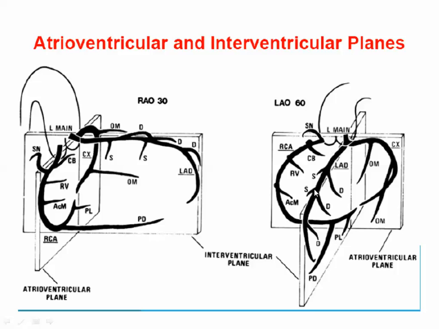What's supplying the septum? LAD. Lateral, LCX. Inferior: if the PDA comes from the RCA, right dominant; coming from the LCX, left dominant. Where is the RV here? It is here as a crescent. And this is the right atrioventricular sulcus containing the RCA.